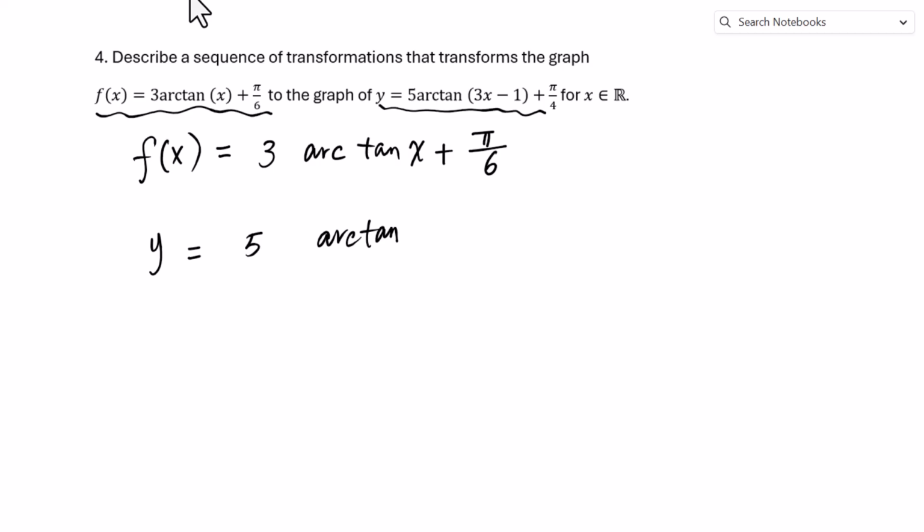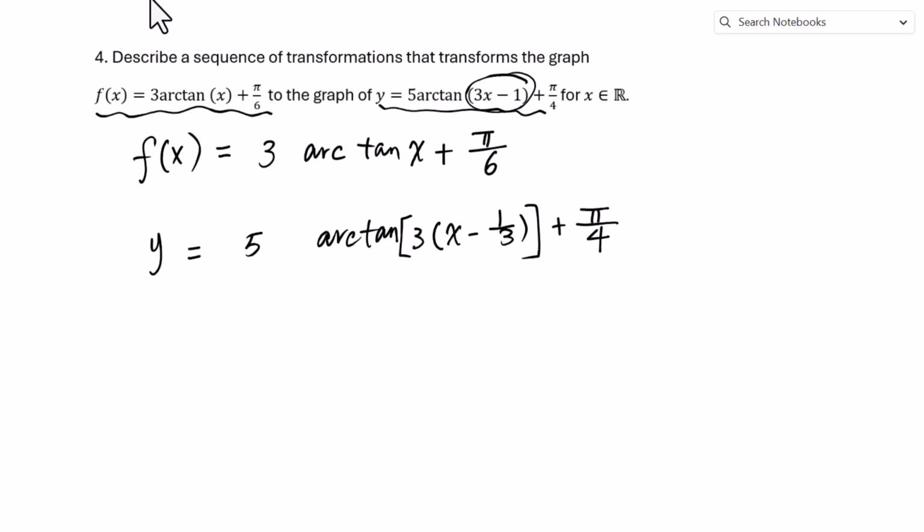First of all, we need to change this into transformed form, which is take 3 out, x minus 1 over 3, then plus pi over 4.